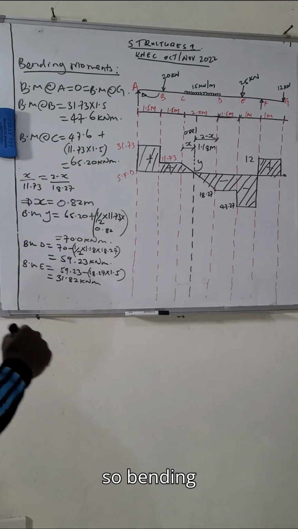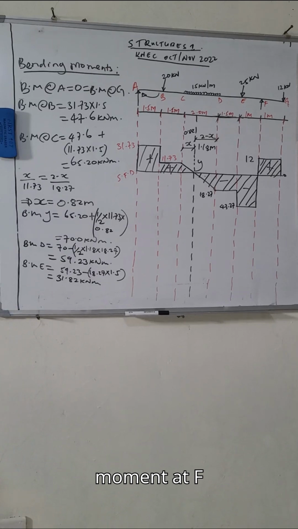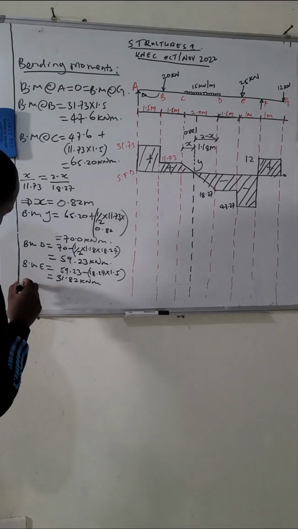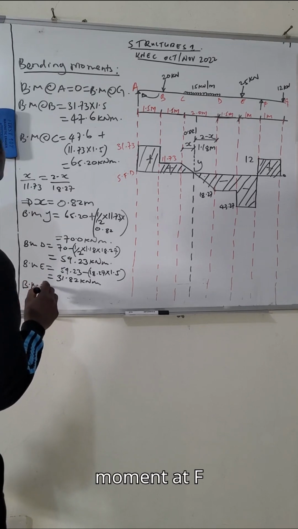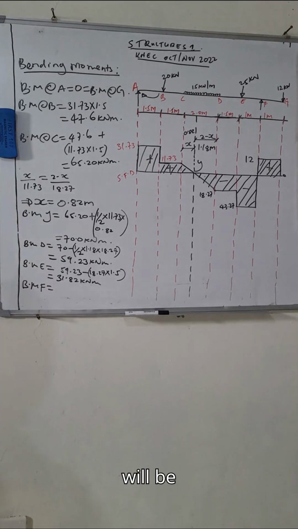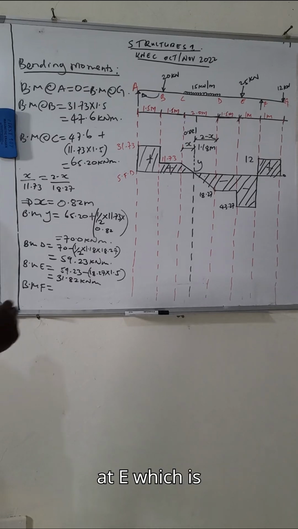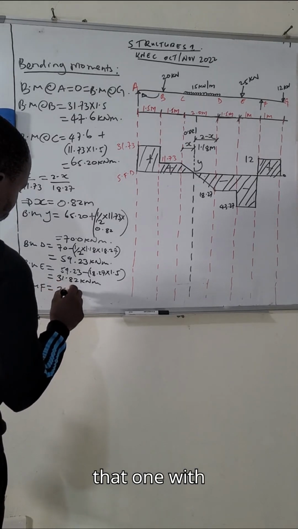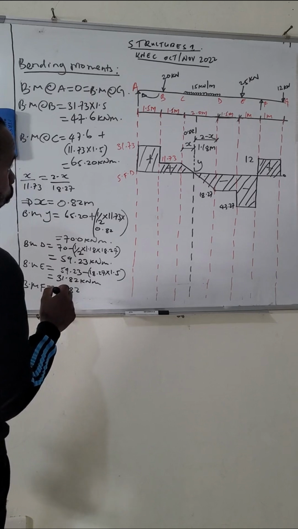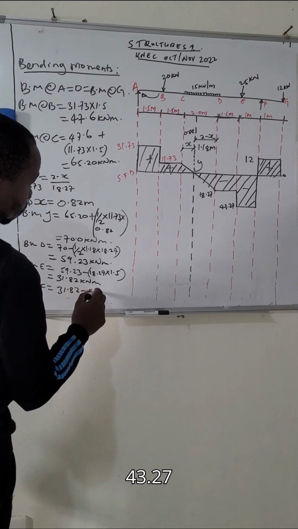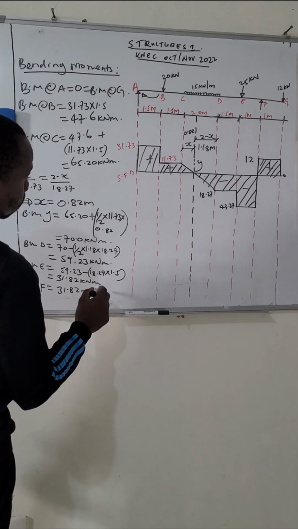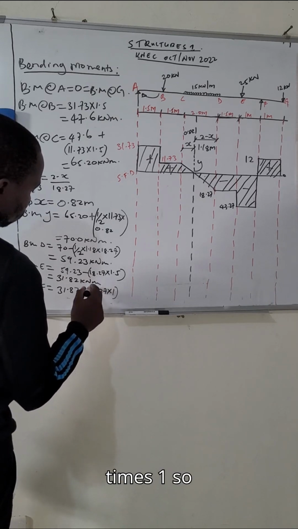So bending moment at F will be bending moment at E, which is 31.82, minus 43.27 times 1.